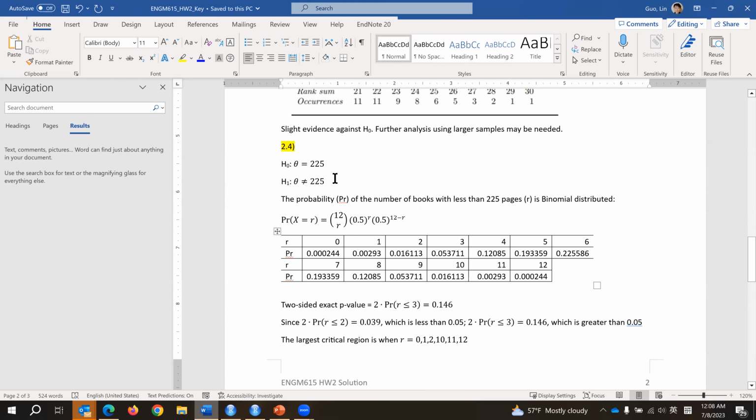It's actually a two-sided test. Read the problem again and again. You need to find out it actually wants you to test if the median equals 2.5 or doesn't equal 2.5, right? So it's a two-sided test.